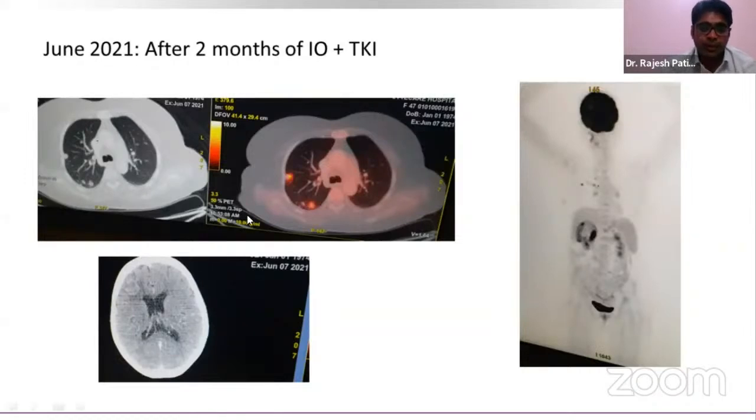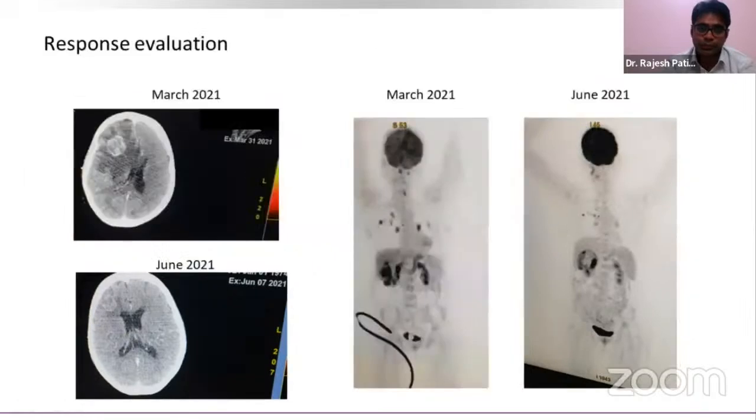If you see the MRI, the lesion in the brain has significantly reduced, and in the lung also the number of lesions has decreased, and the avidity has also decreased significantly. So this is the initial lesion in the brain, and after 2 months the lesion has almost disappeared, and in the chest also the number of lesions have almost disappeared with immunotherapy plus TKI combination.